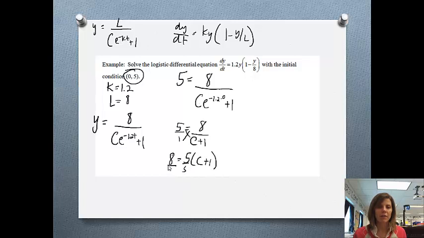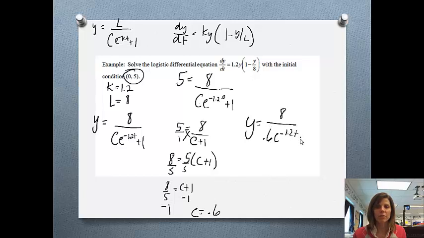I'll then divide by 5, so I'll get 8 fifths is equal to C plus 1. Then I can subtract 1 from both sides, and I'll end up getting C equals 3 fifths, or 0.6. So when it asked me to solve the differential equation, I came up with the equation y equals L, which was 8, over 0.6 e to the negative 1.2t plus 1. There we go, we solved it.